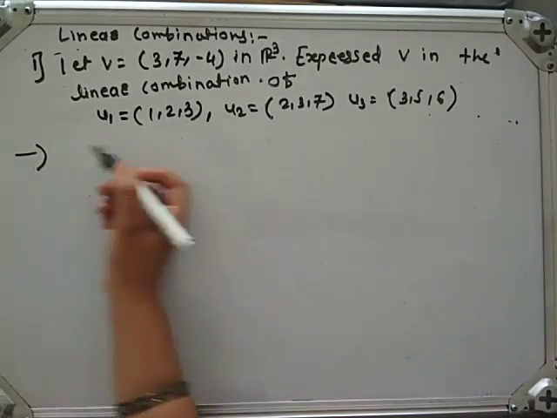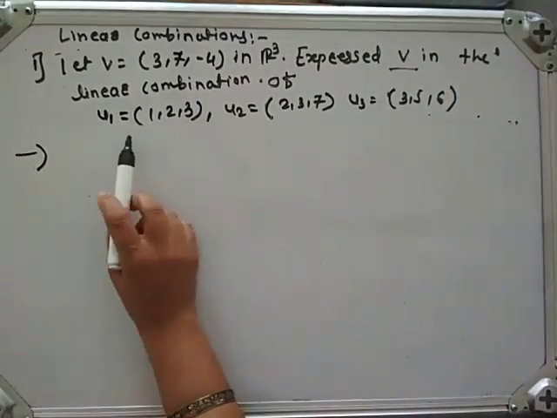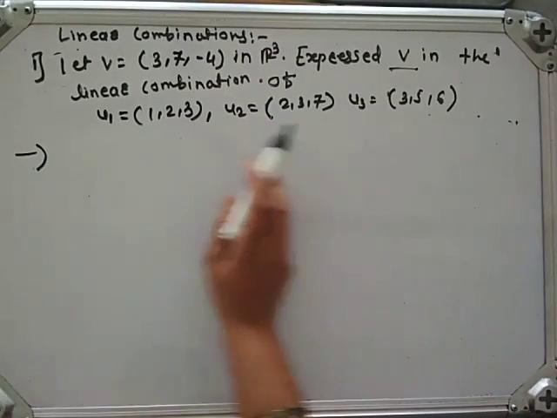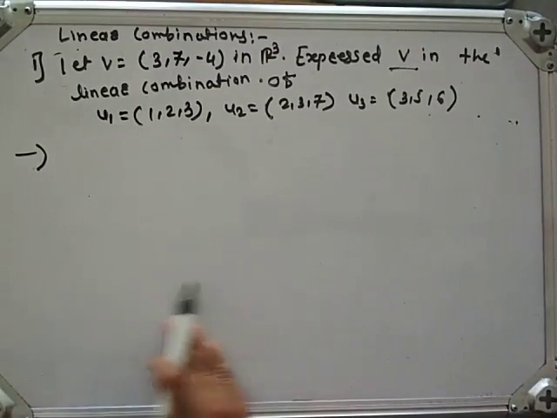Now we have to express V as a linear combination of u1, u2 and u3. Okay.